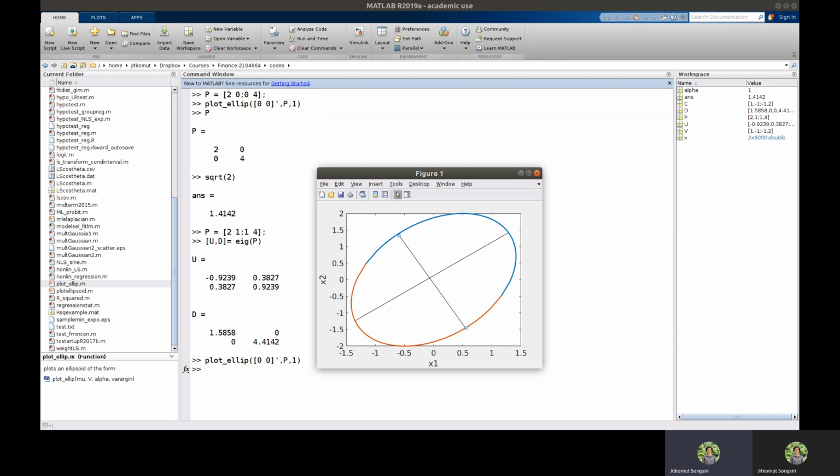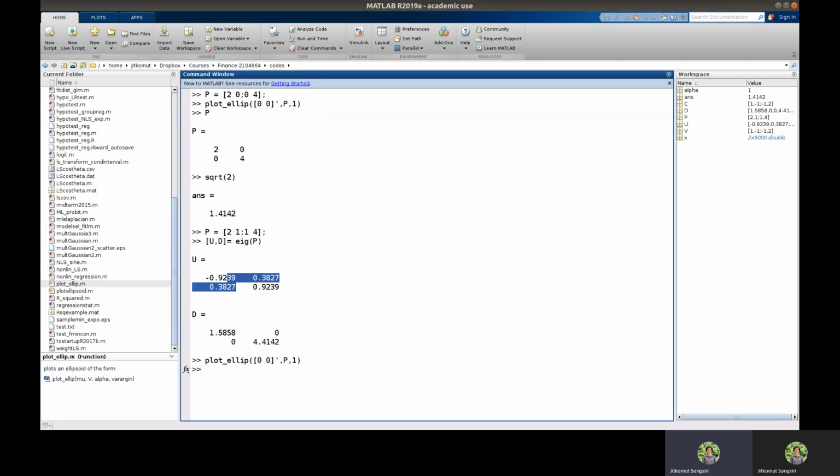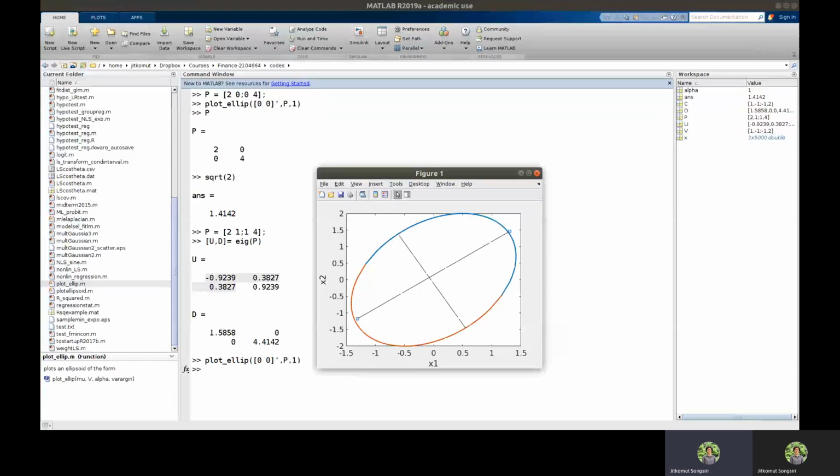If we look at the first principal axis, do you see the mouse? It seems like the mouse is not appearing on the screen. Let me move a little bit. What I'm talking about is the principal axis. The first principal axis is supposed to be in the direction of U1. So you see the values minus 0.9 and 0.3. Makes sense, let's verify with the direction.